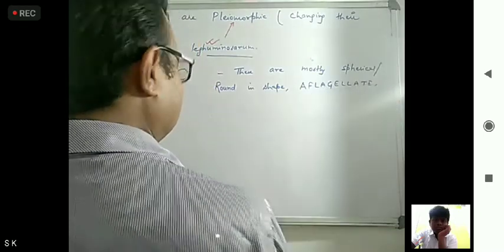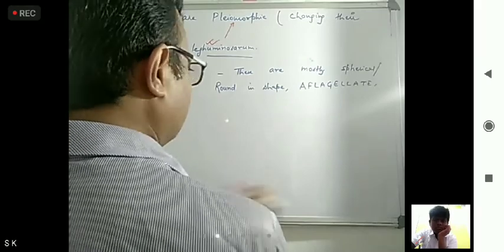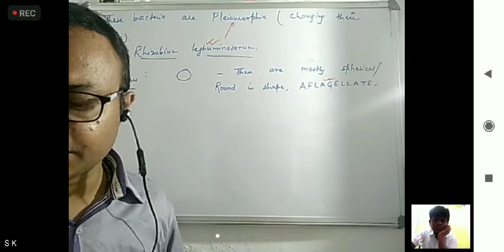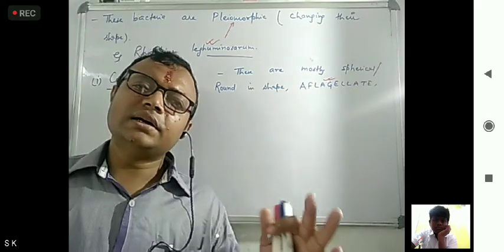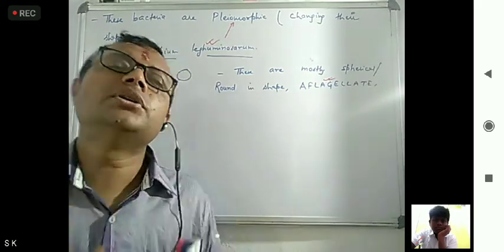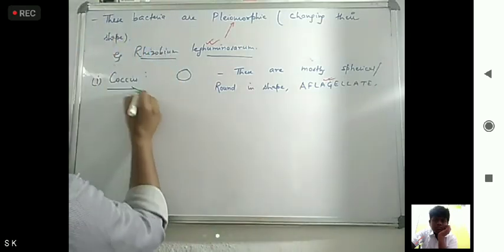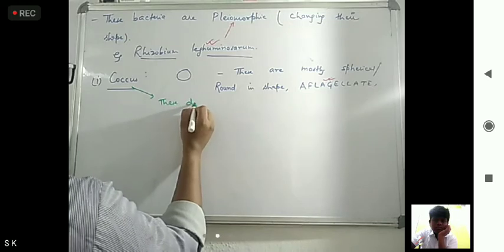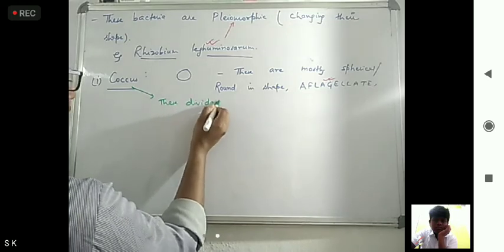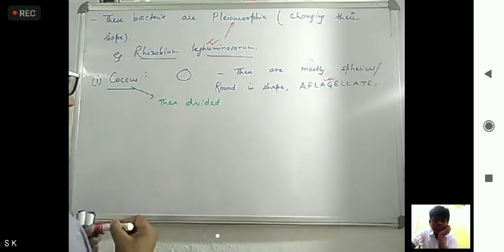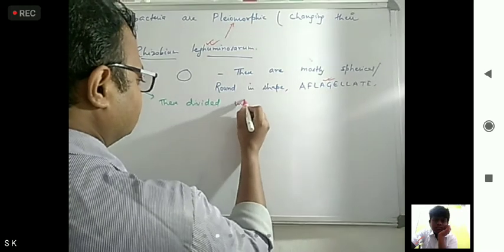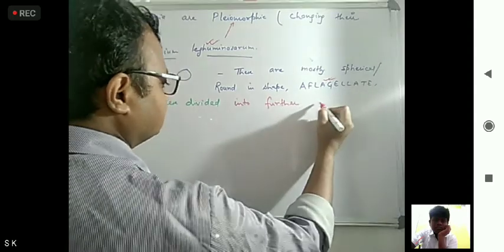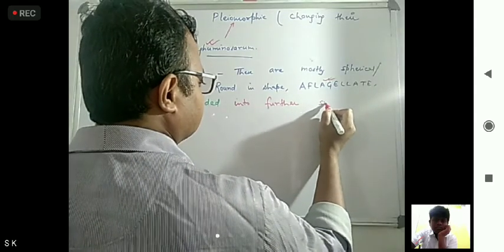So these coccus bacteria are aflagellate, and they are divided further into some subgroups.